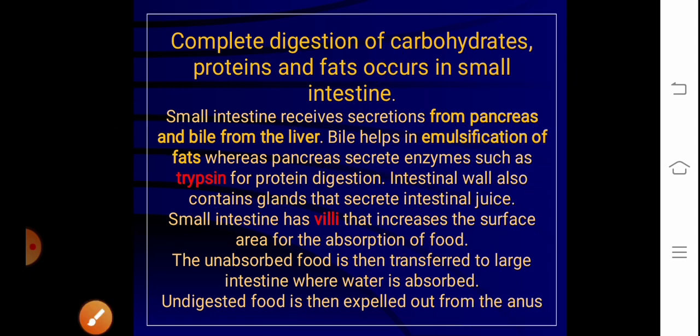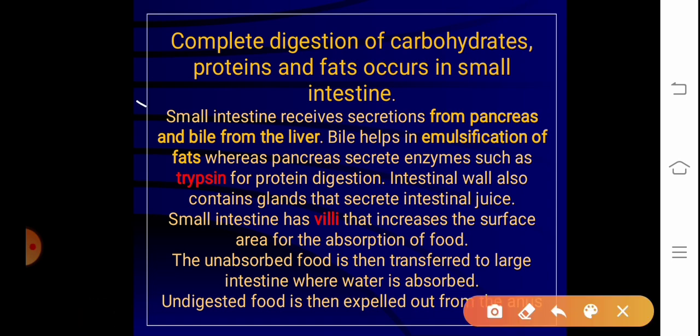I hope you all have got a clear picture about how the complete digestion takes place in the small intestine. Now the final thing. The digestion is over, and some waste materials are left, which are called undigested food. Where does this undigested food go? It is sent from the small intestine to the large intestine.